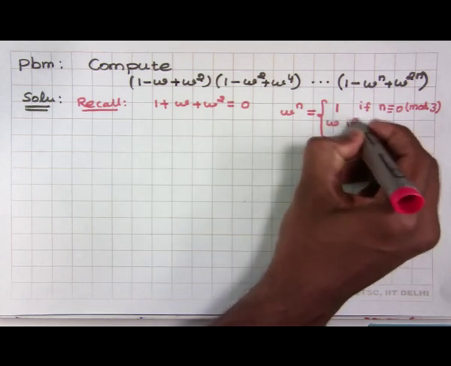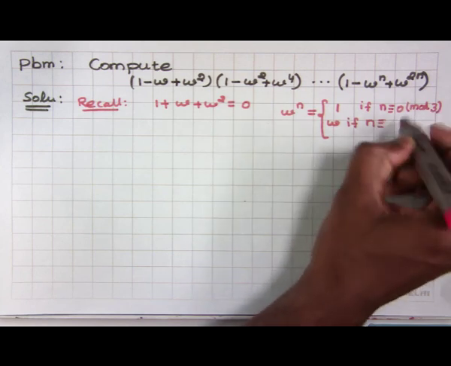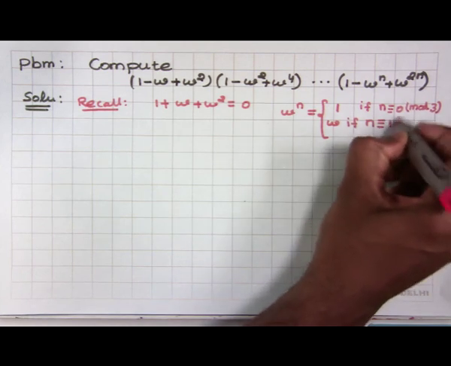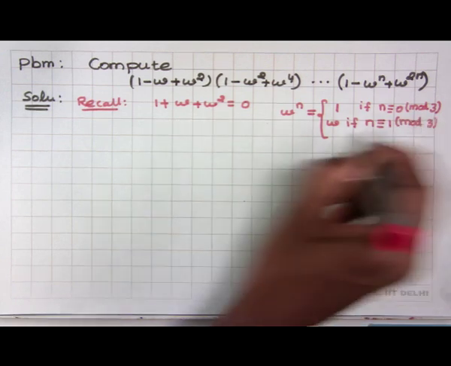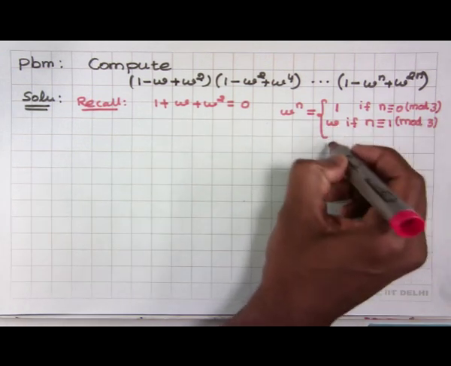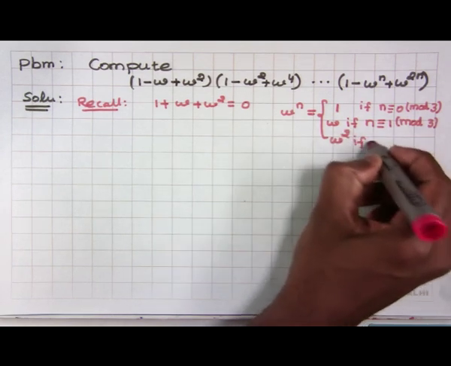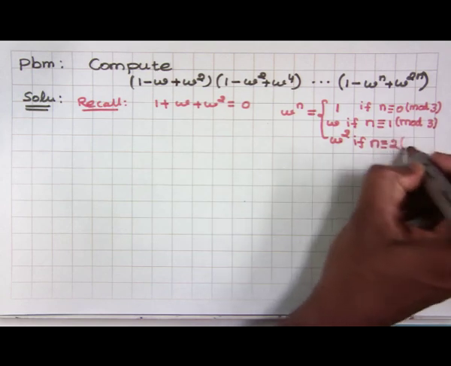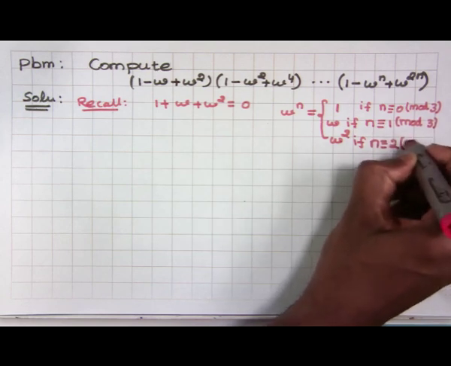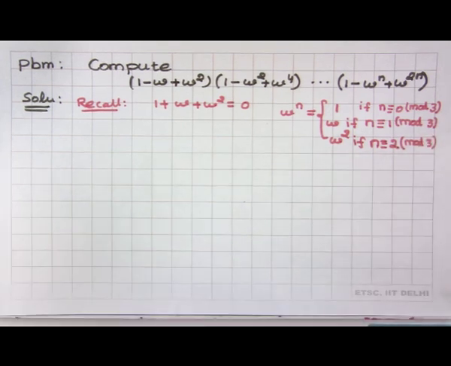Omega if you divide n by 3 and the remainder is 1, you get the value omega. Omega square if the remainder is 2 when we divide n by 3.